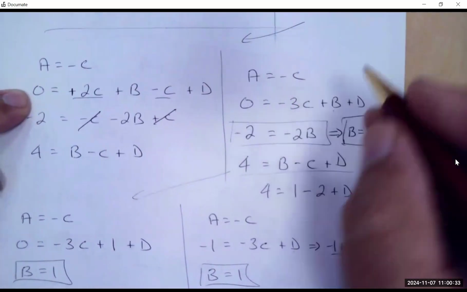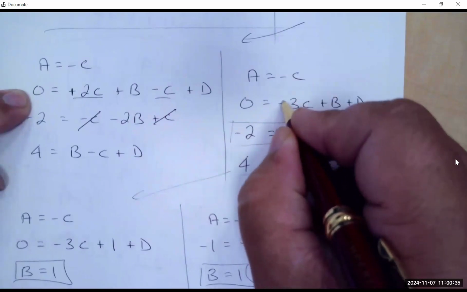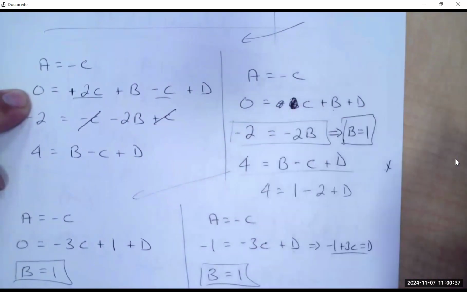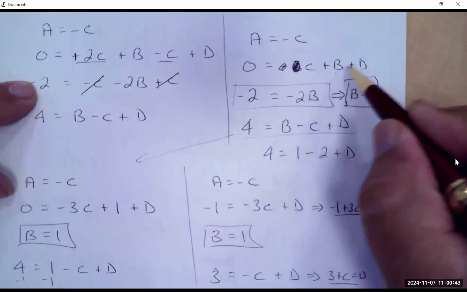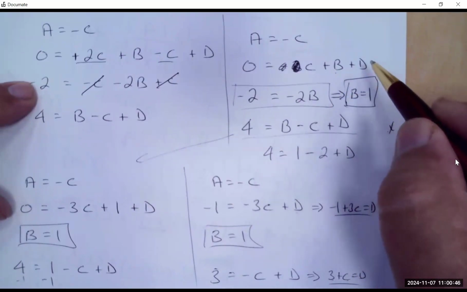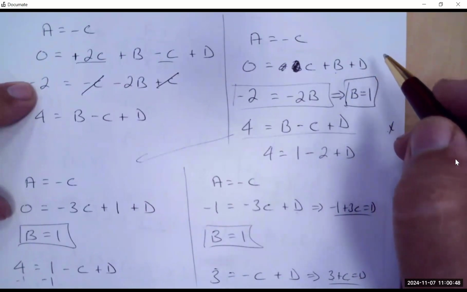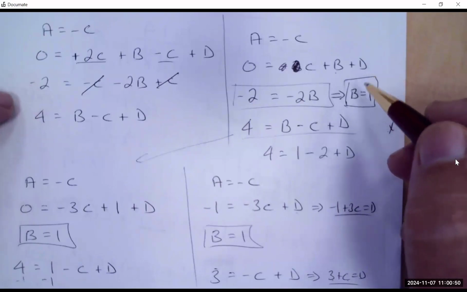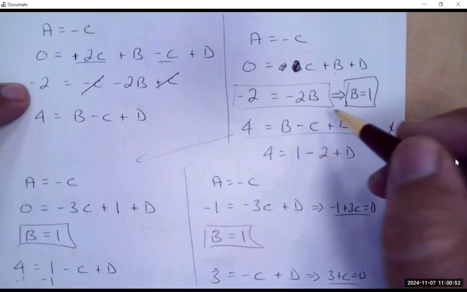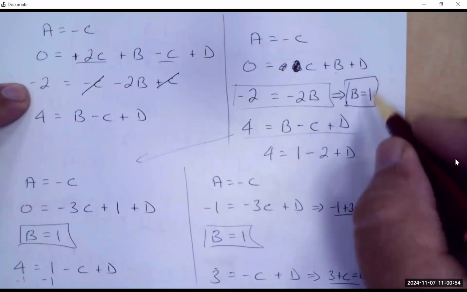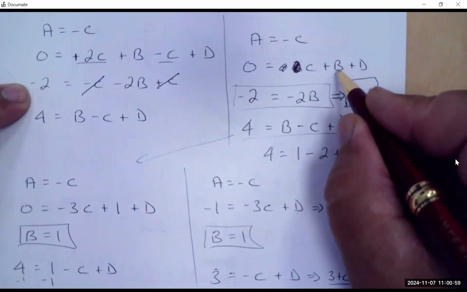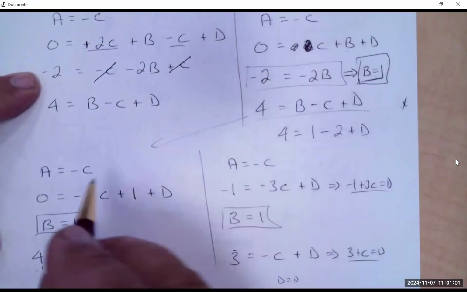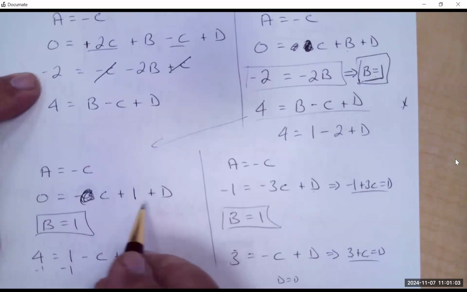So instead of negative 3c, it should be positive 1c. So B is correct. That we know for sure. So this part here would be C plus 1 plus D.